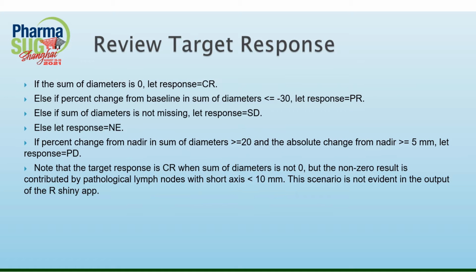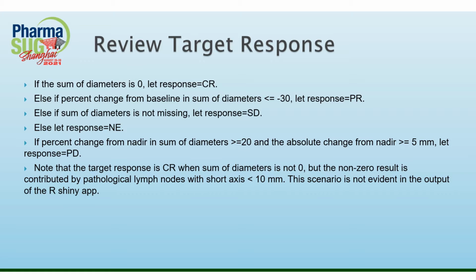Okay, here we review some criteria that are used to derive the target response from tumor data. The first one is: if the sum of diameters is 0, the response is CR. So in the Shiny app, we're going to draw a line plot for the sum of diameters. Next rule: else if percent change from baseline in sum of diameters is less than or equal to -30, the response is PR.